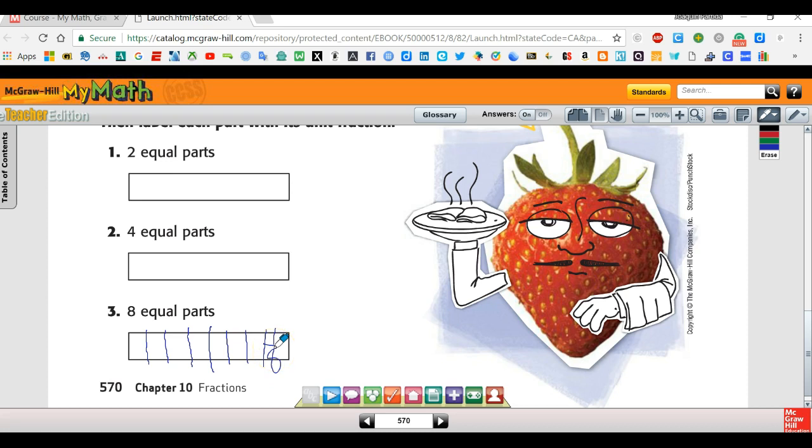And it'll be something like this. You see that? So 2 halves equals one whole. 4 quarters, or 4/4, equals 1 whole, and then 8/8 equals 1 whole.